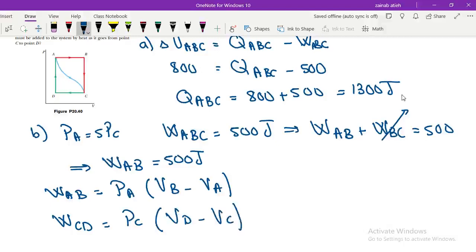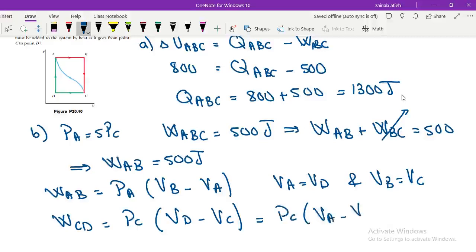You can clearly see that there's a relation between VA and VD, so VA equals VD, and VB equals VC. So I will replace them down, so I will get PC times VA minus VB.